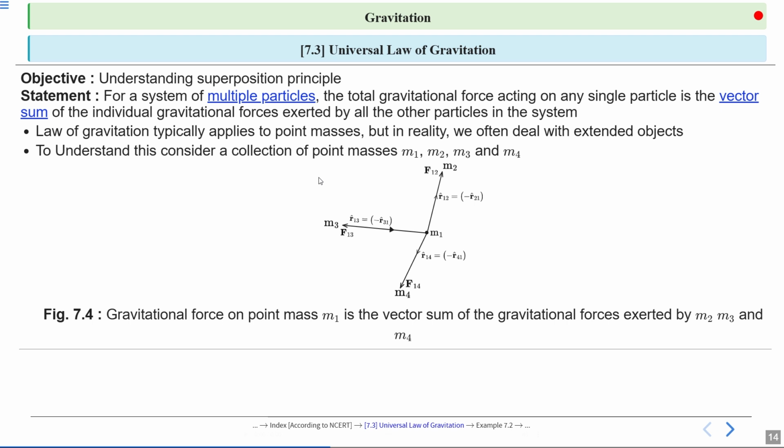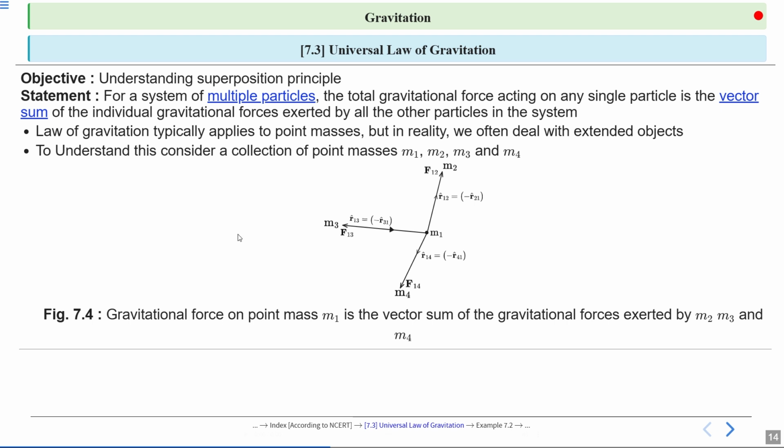So, to understand this, consider a collection of point masses m1, m2, m3 and m4. The gravitational force on m1 is the vector sum of the forces exerted by m2, m3 and m4. So this figure helps visualize how each force contributes to the total force on m1, reinforcing the concept of vector addition in gravitational interactions.